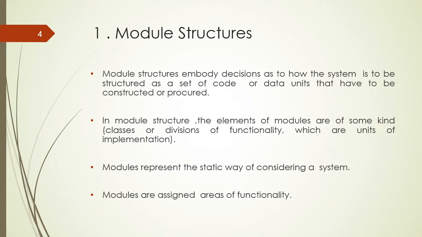Like in your project, it is divided into a number of modules and each of the modules has further functionalities. So when you complete those functionalities in a module, you say that one module is complete. So modules represent the static way of considering a system, and modules are assigned areas of functionality.